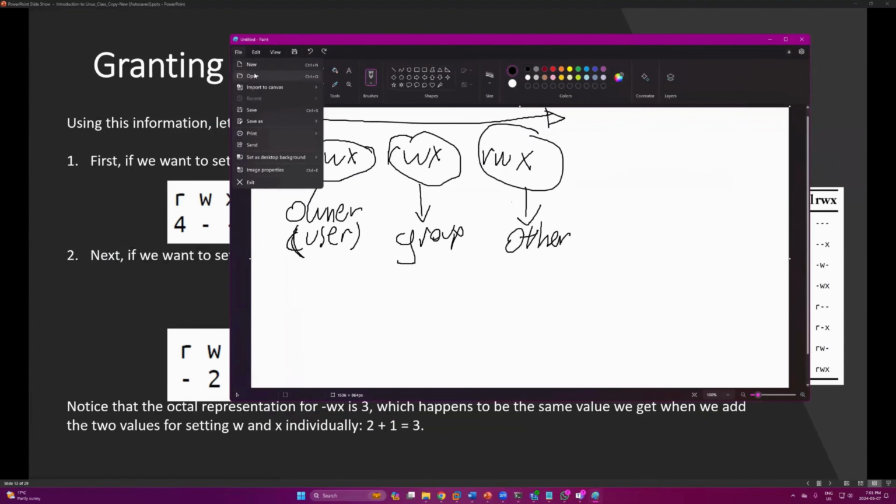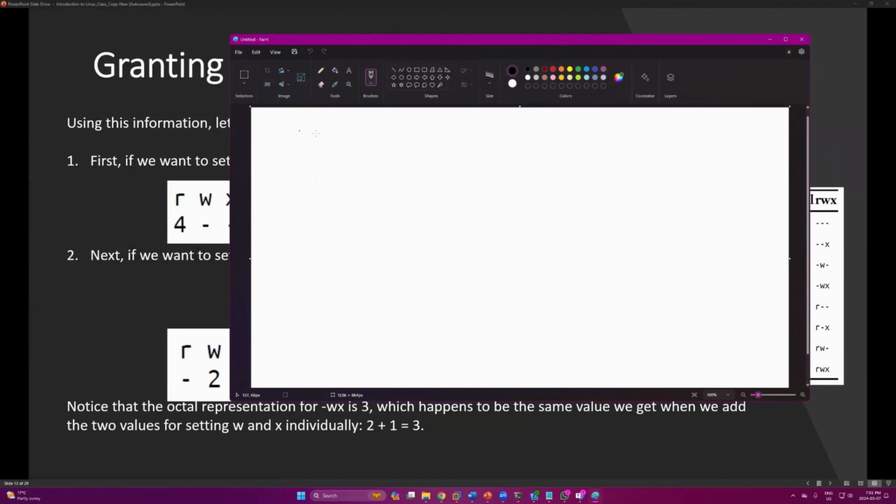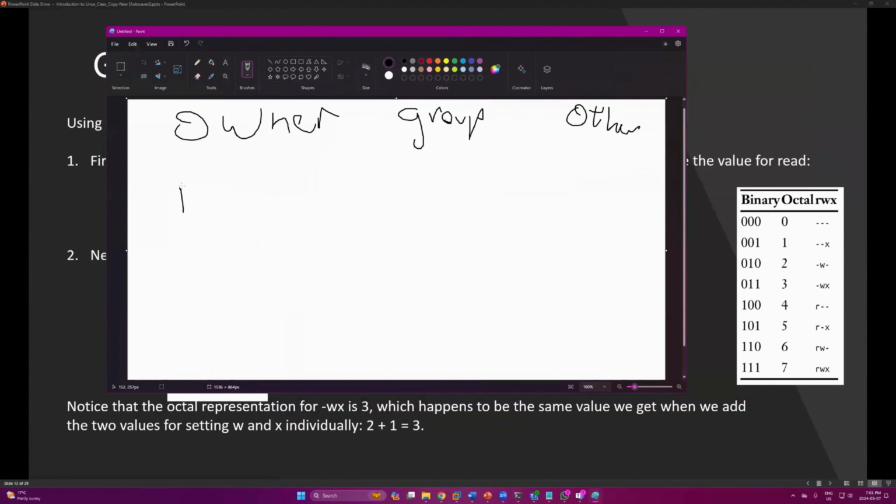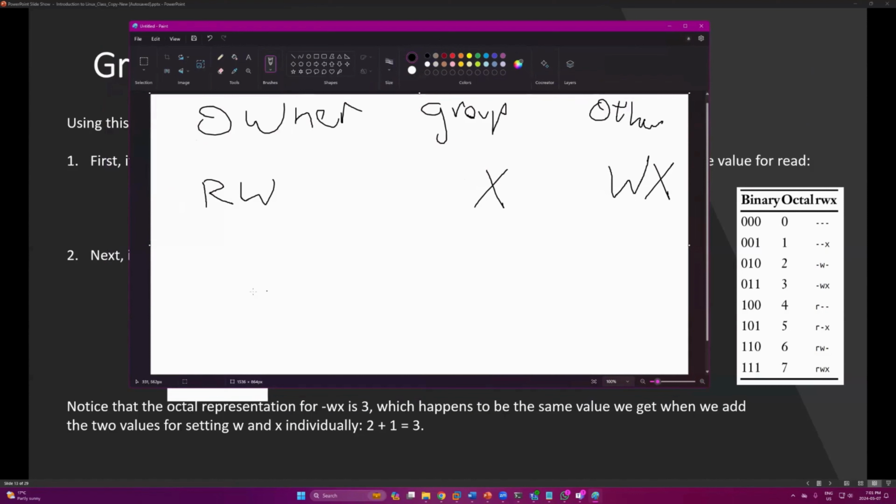We have owner, group, and others. Owner is going to be read and write, group is going to be execute only, and other is going to be write and execute. So what should the number be?